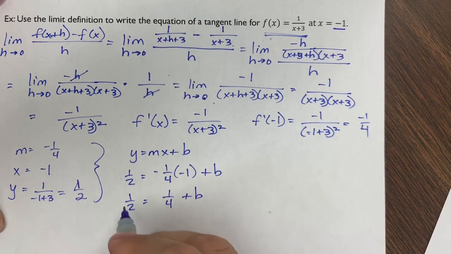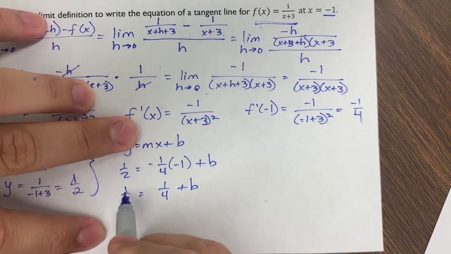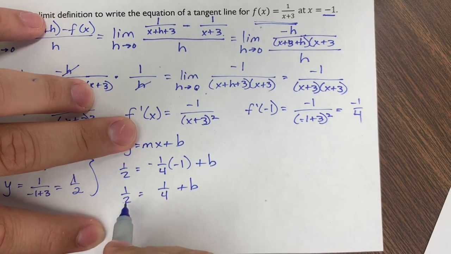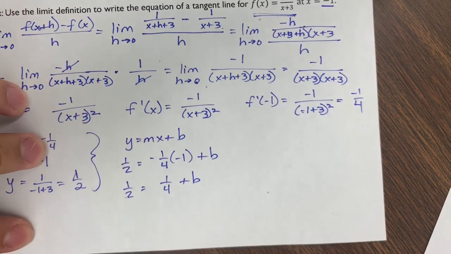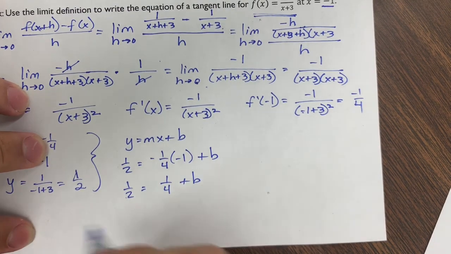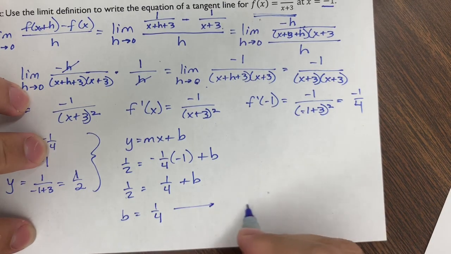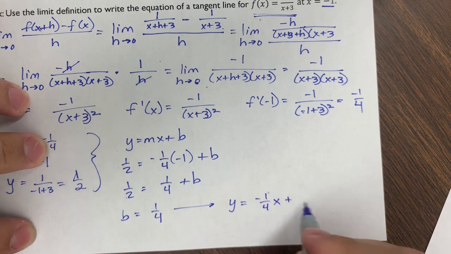If I subtract 1/4, 2 over 4 minus 1 over 4 is 1 over 4. So b is equal to 1/4. And then my linear equation is y equals negative 1/4 x plus 1/4.